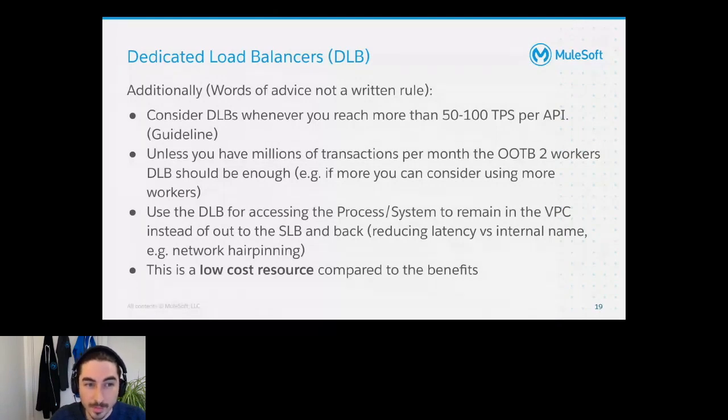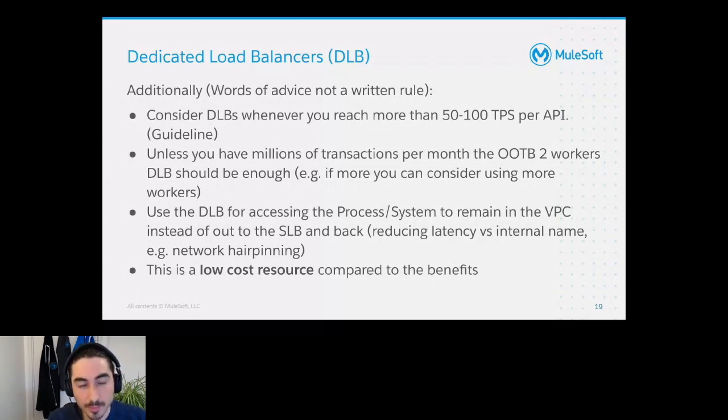Use the dedicated load balancer for accessing the process and system APIs. And the trick here is that you want to think about network hairpinning, and you have process and system APIs in a private VPC.